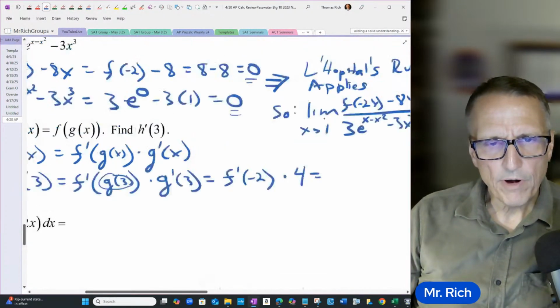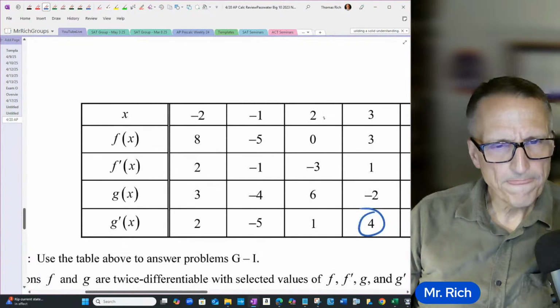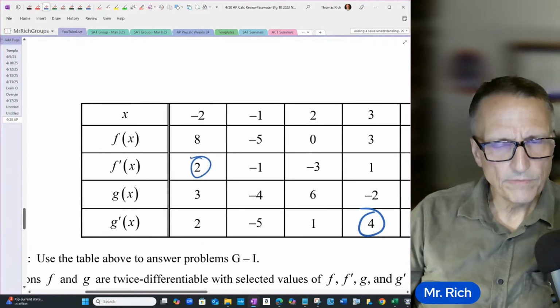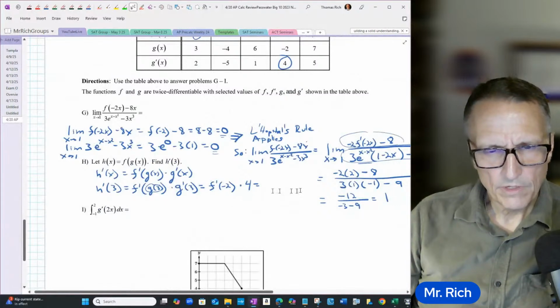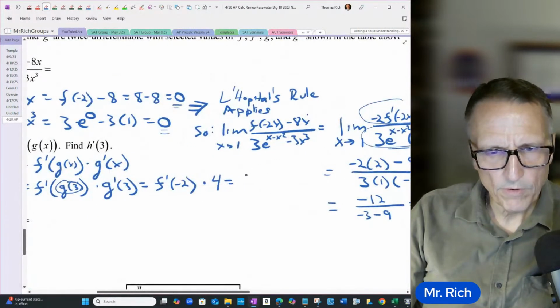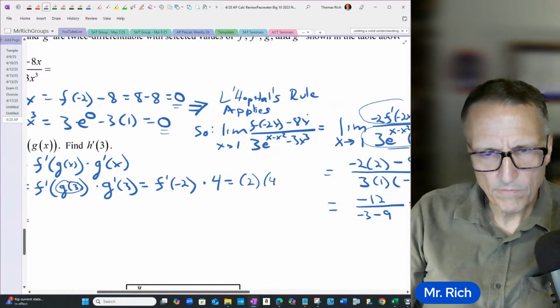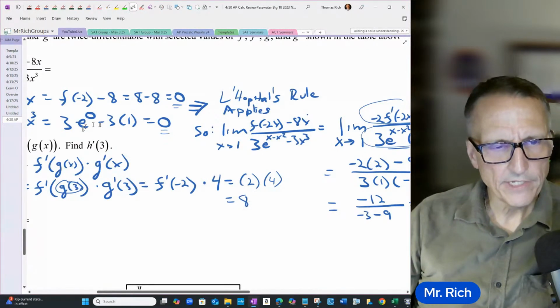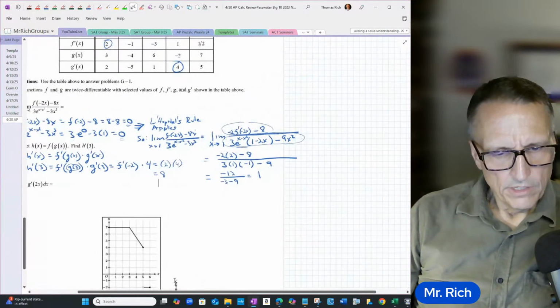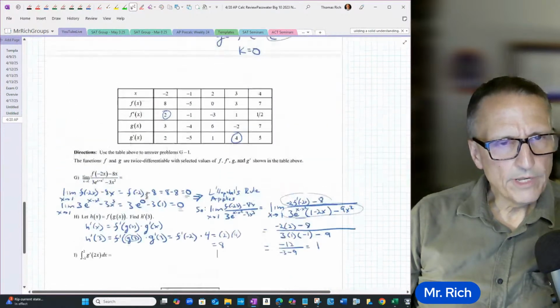And then f prime of negative 2 is a 2. So this is 2 times 4. 8 is my answer to letter H.